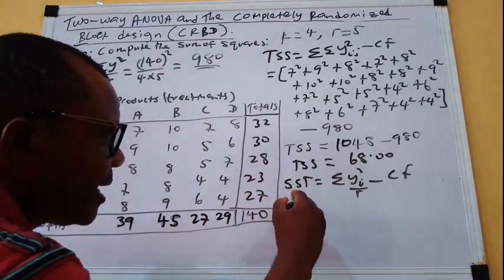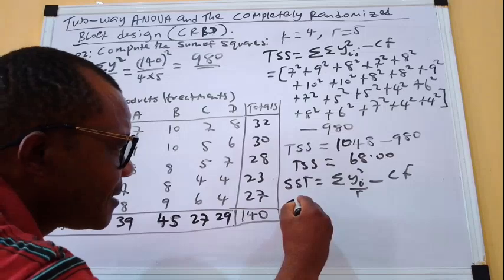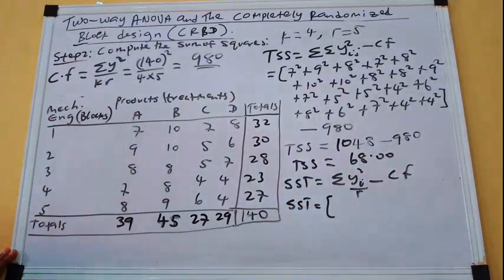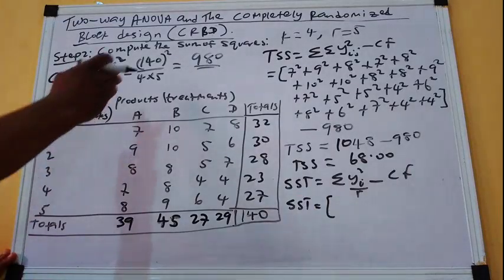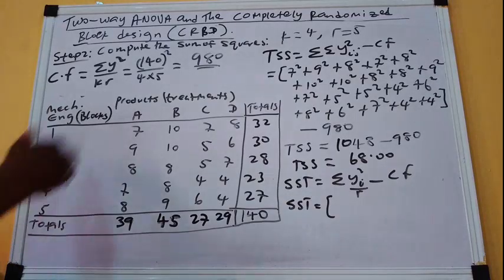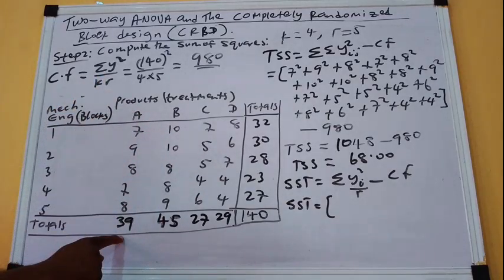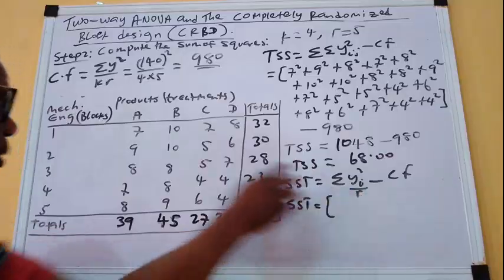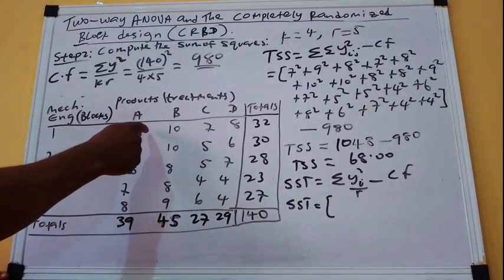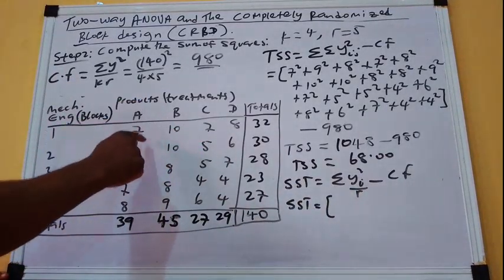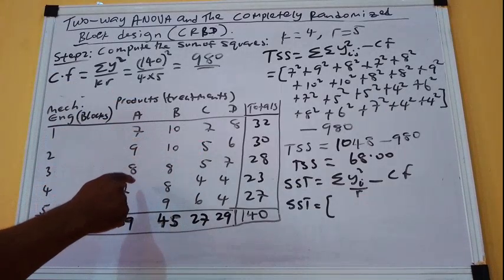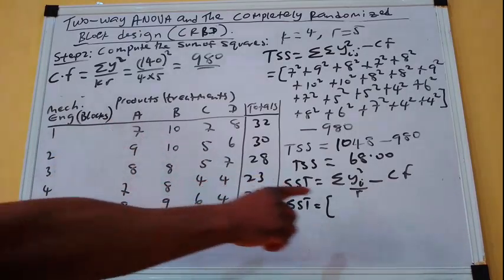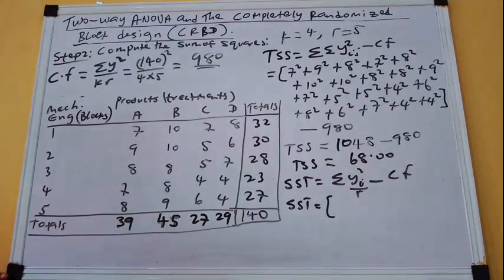Our SST will now be equal to, you open the bracket, now look at the sum of the treatments. The sum of treatment A is 39. That's why you can see we are dividing by r. r is the number of blocks. Each treatment has 5 entries: 1, 2, 3, 4, 5. That's why we are dividing by 5, which is r, the number of blocks.